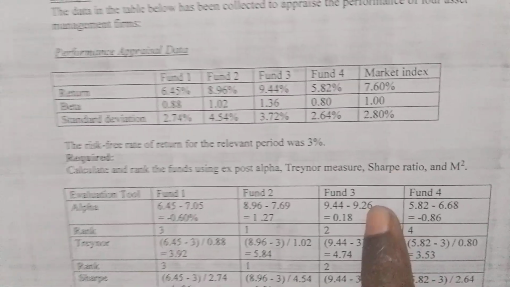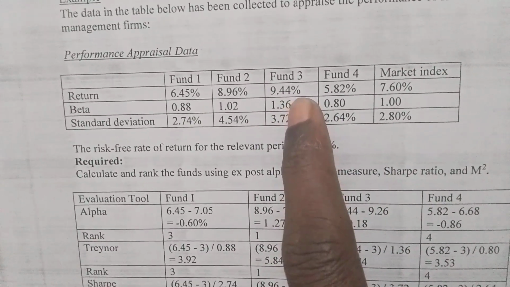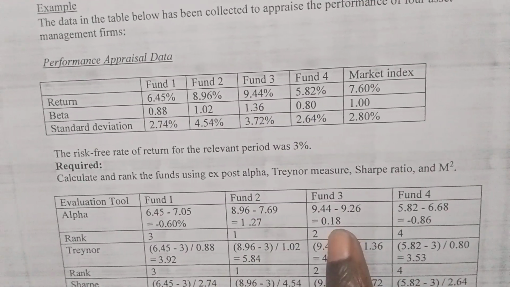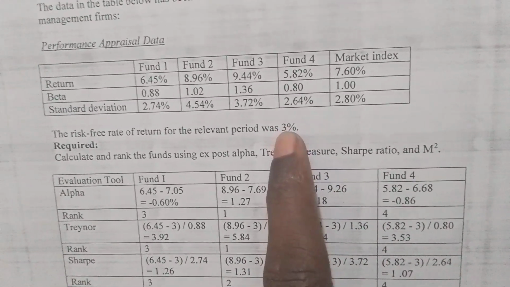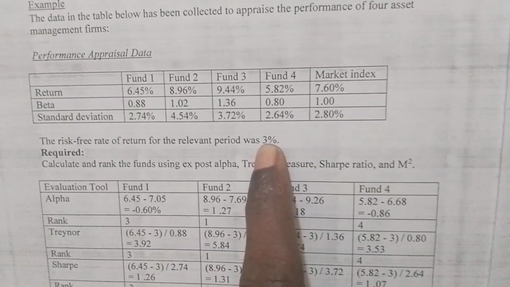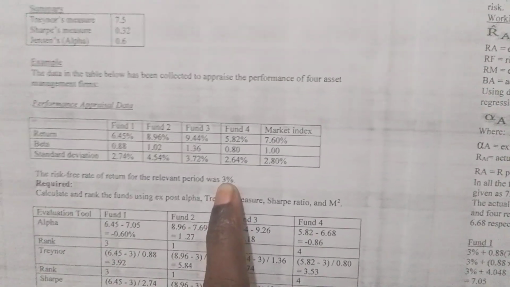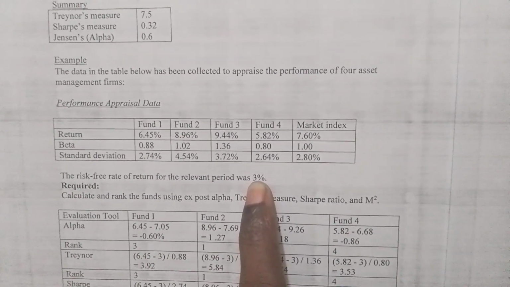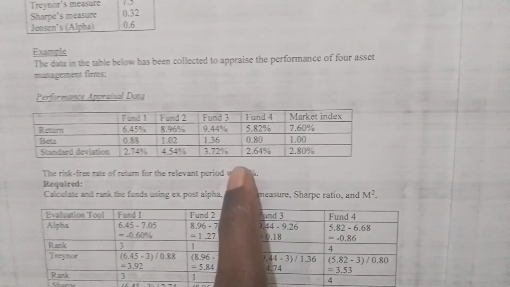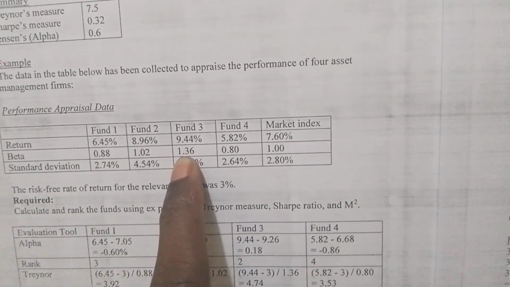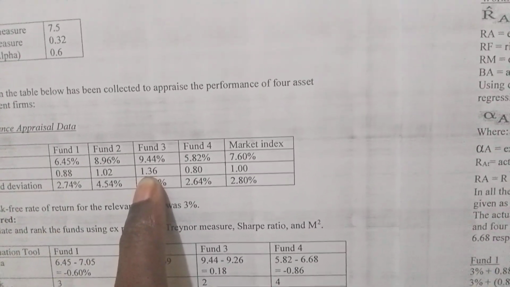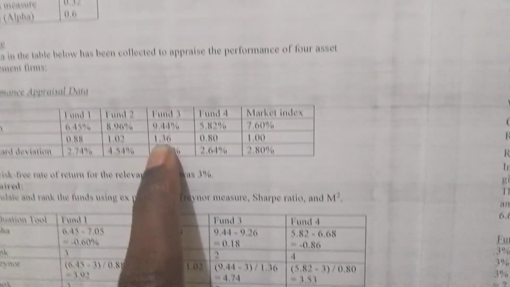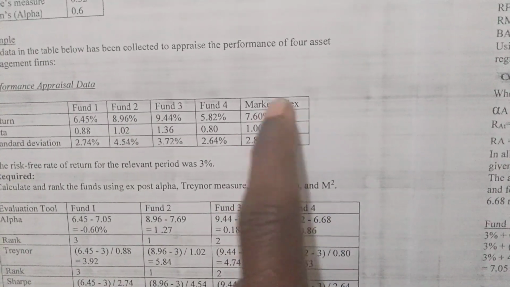Fund 3, the same. We take expected return 7.44. We do the same. We take the risk-free rate of 3%, then we plus the beta factor of 1.36 into brackets, and then we take 7.6 and you minus 3, the risk-free rate.